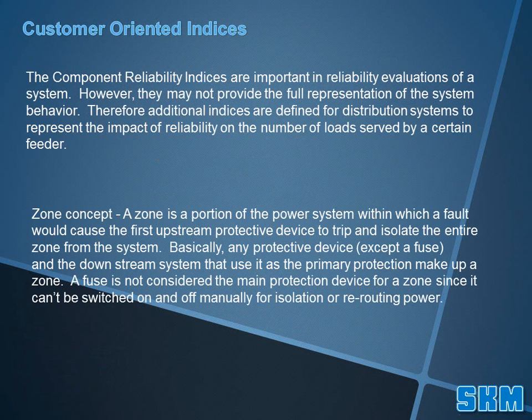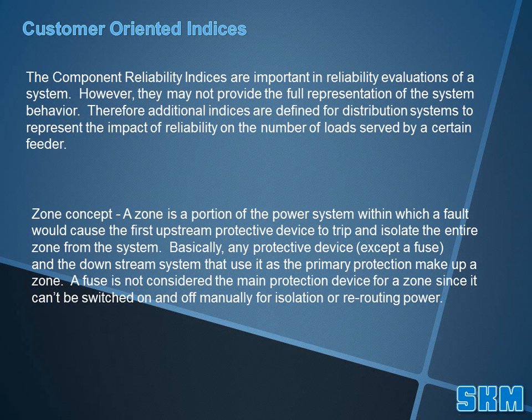Therefore, additional indices are defined for distribution systems to represent the impact of reliability on the number of loads served by a certain feeder. But in applying these indices, the zone concept needs to be understood. A zone is a portion of the power system within which a fault would cause the first upstream protective device to trip and isolate the entire zone from the system.